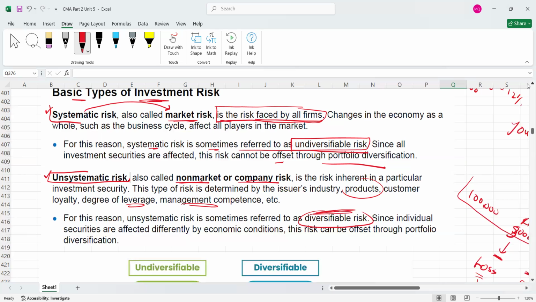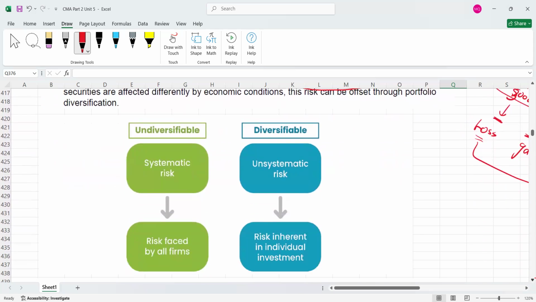So now the point is, you have to remember the words. People are always confused about systematic risk and unsystematic risk, right? What are their definitions? I have explained the definitions, and here I'm going to summarize one more time. If there is any risk which is undiversifiable, you cannot diversify it away, so you cannot compensate that risk, that is called what? Systematic risk. And this risk is faced by all firms.